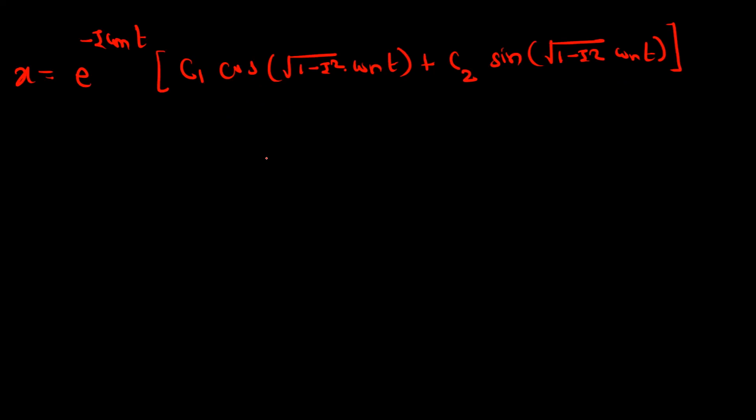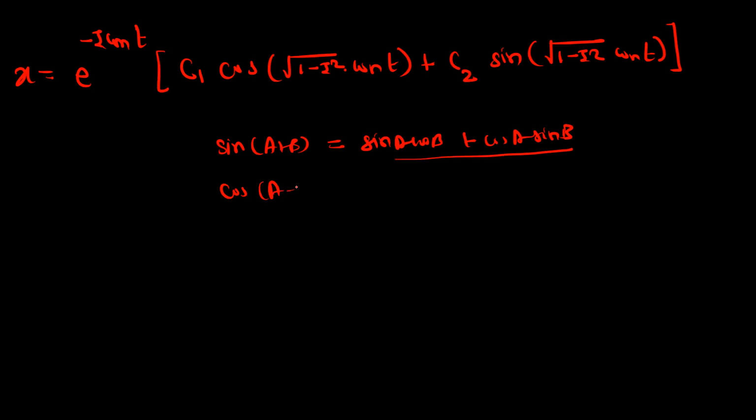Because you see the expansion of sine (A plus B): this is sin A cos B plus cos A sin B. So the same complete equation we can write in the sine function and also in the cosine function. For cosine, we have cos (A plus B), so it is cos A cos B minus sin A sin B. So try to write this equation.